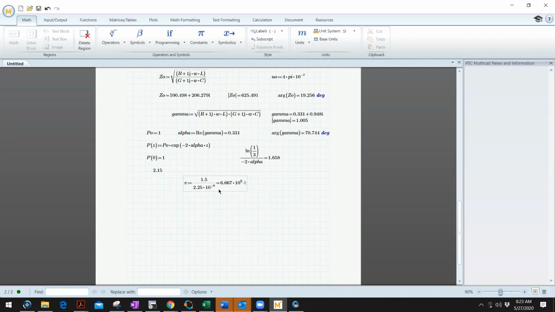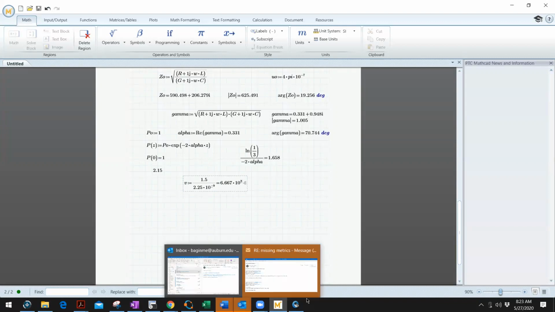What book are you using? The applied electromagnetics. This book? Yep. This says, well, let me just show you this because this is a little weird.